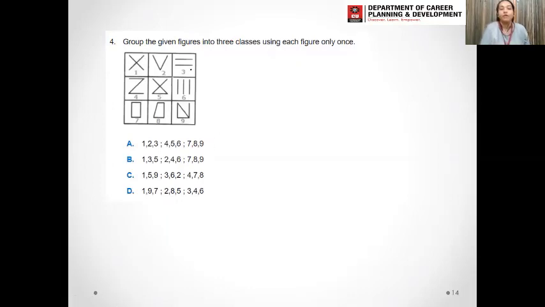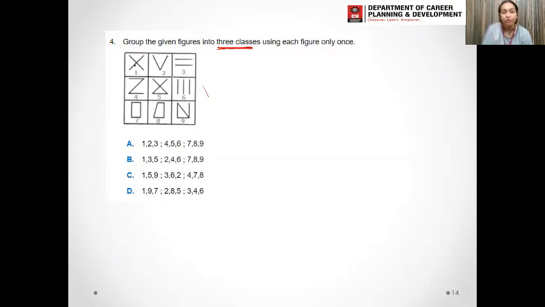Again, we have 9 diagrams and we have to distinguish them into 3 classes. We have 2 lines, and then again 2 lines.